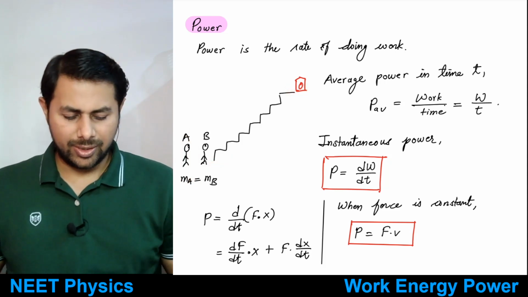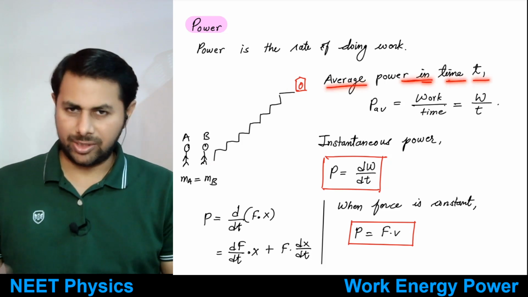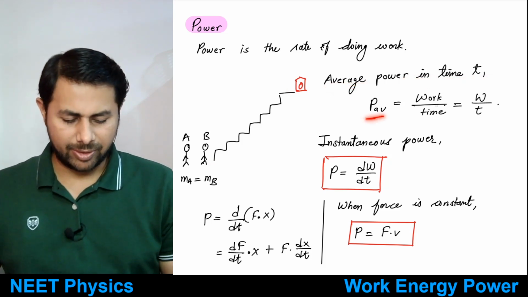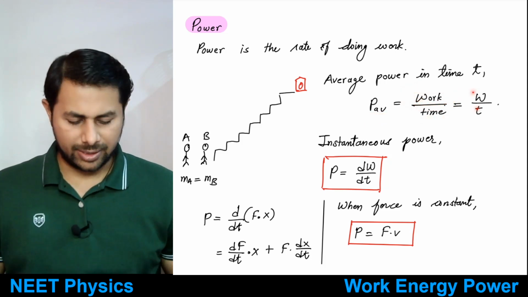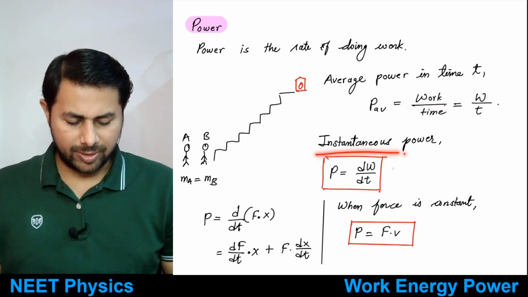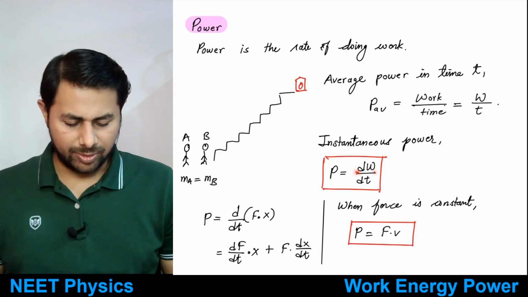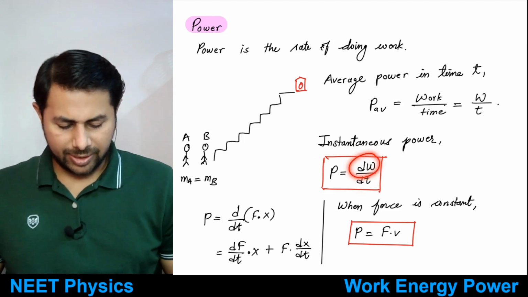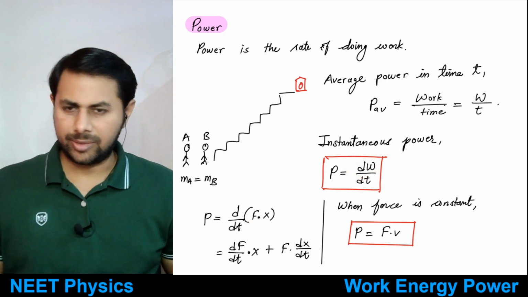So what is the average power? Average power in time t is just work done per unit time. So W divided by t, that's average power. And instantaneous power is the rate of doing work with respect to time, so dW by dt, and work done can be written as F dot x, force times displacement.